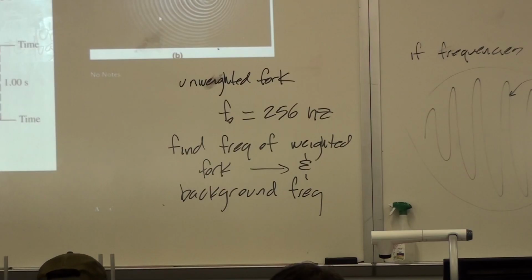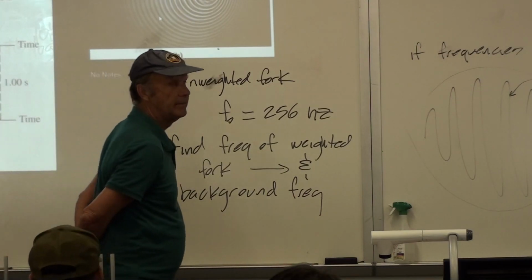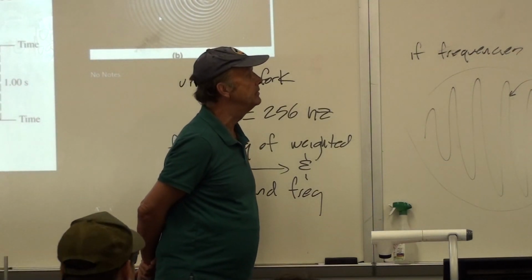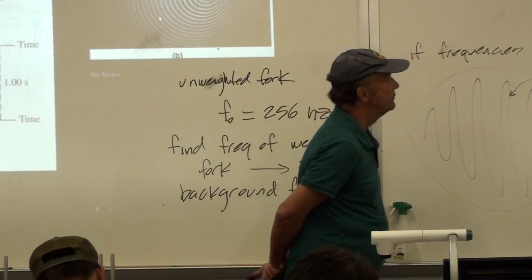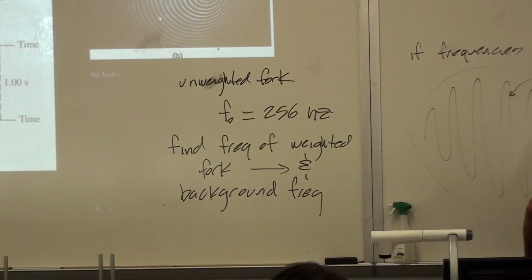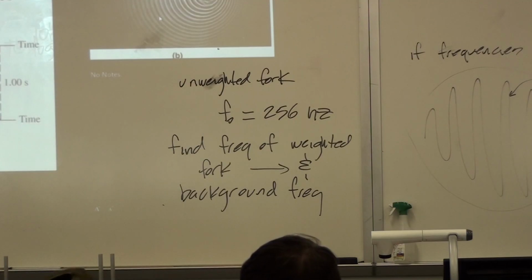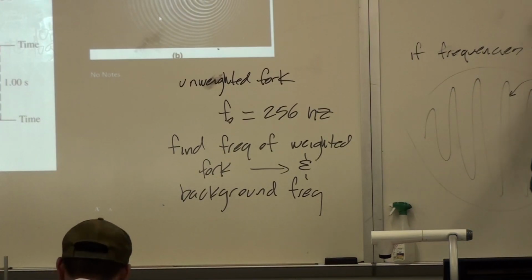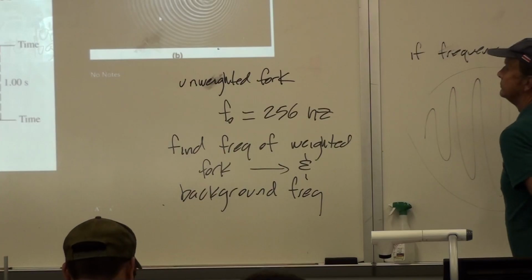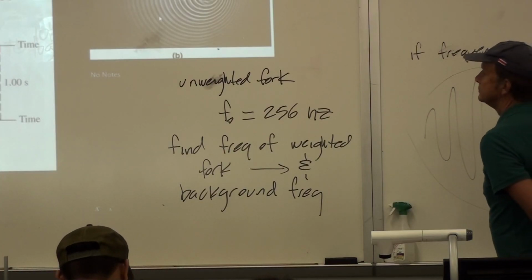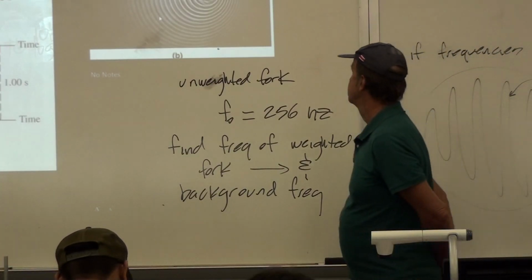So the beat frequency is the difference between the two. Right. So once you found F1, then you can do the background from the average between the two. What are you getting for F1? 268?